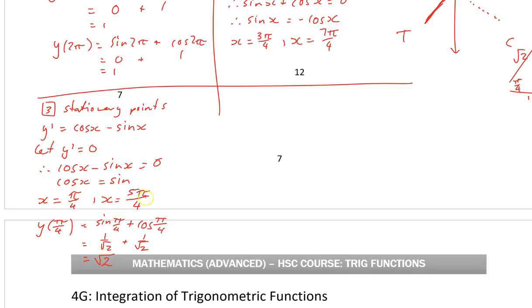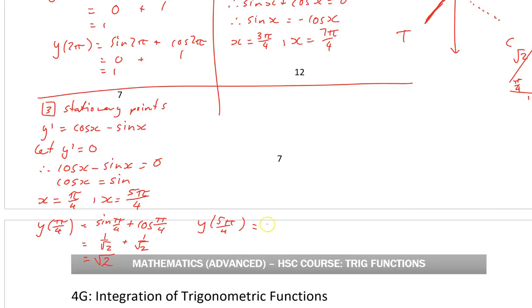Now let's have a look at this other one here where x equals 5 pi over 4. Y of 5 pi over 4. Now this is a little bit trickier. You've got to do these angles of any magnitude again. It reminds you why we did it in the first place. The sine of 5 pi over 4, over here, both sine and cos are negative there because tan is positive in the third quadrant.